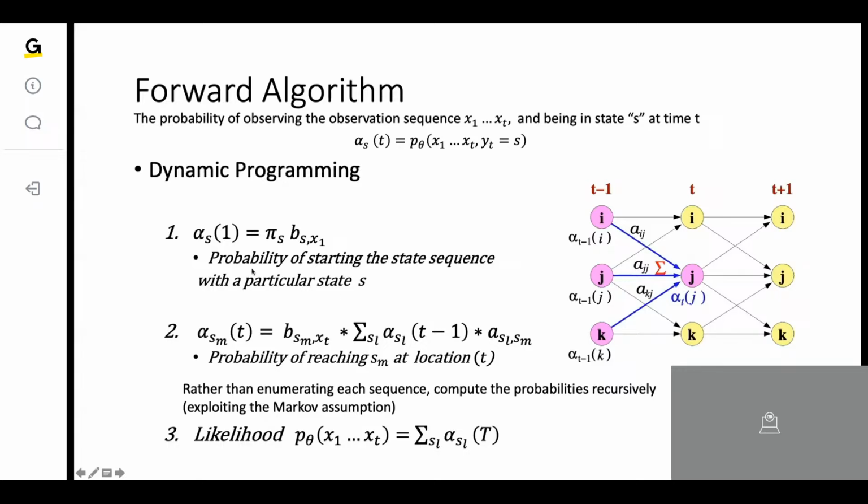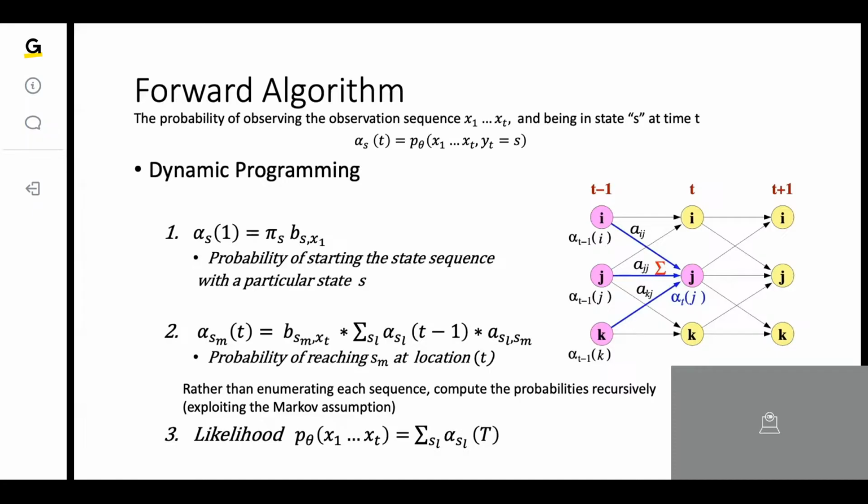Let's initialize the alphas in the first state as the initial probability of being in that state s and emitting the symbol x1, the probability of emitting the symbol x1 in the state s. This is similar to what we observed in computing the inference problem using deltas.